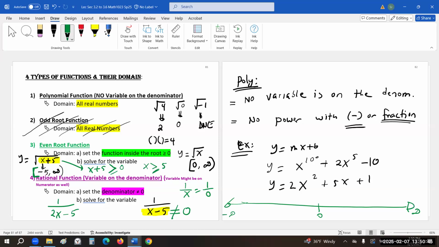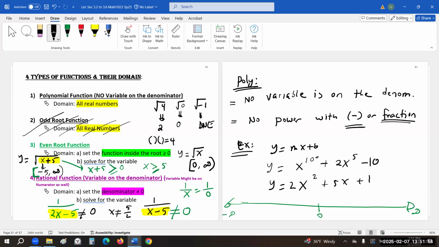So instead of doing it mentally, what we do is we take this and say, well, this thing, the denominator, cannot be 0. So we solve for x. First thing we do is add 5 to both sides, and then we divide by 2, right? So what do you get? x cannot be 5/2, which is 2.5.